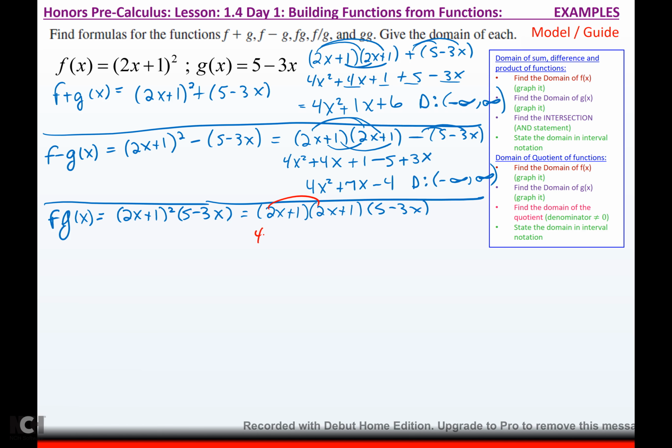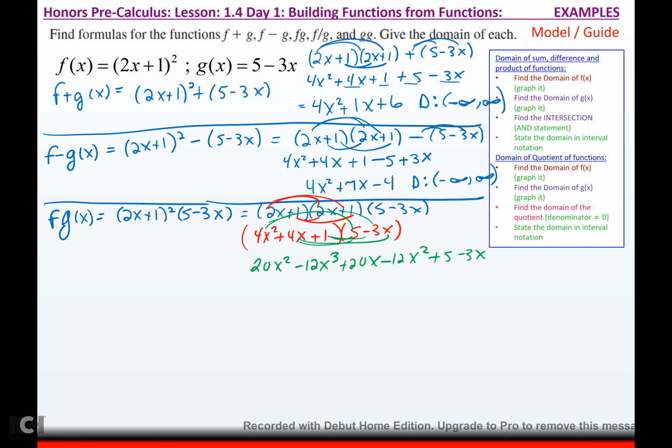So again, 4x squared plus 2x plus 4x plus 1. And then I'll multiply that by the 5 minus 3x. That's going to give me 20x squared minus 12x cubed plus 20x minus 12x squared plus 5 minus 3x.